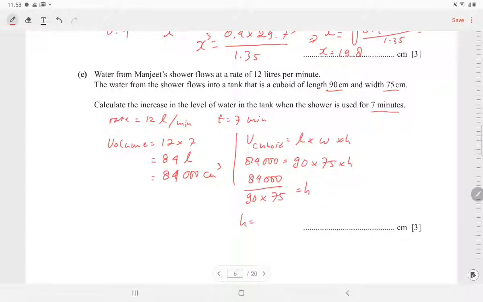So then we have the height is 12.4 centimeters. Okay, next.